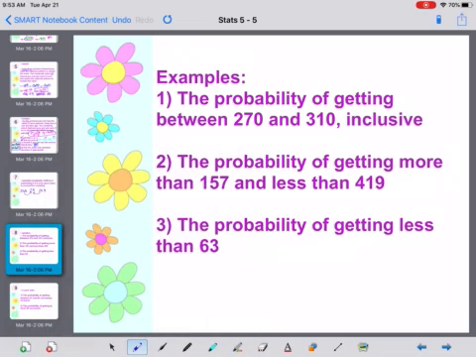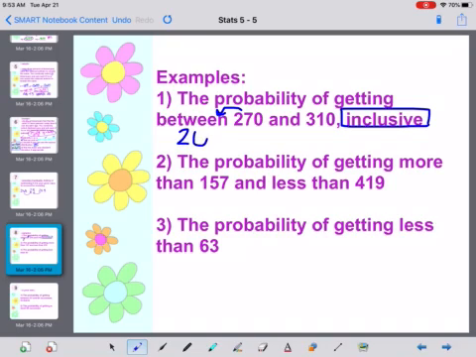So let's look at some of these. This says the probability of getting between 270 and 310 inclusive. That's important. First of all, 270 is my lower limit, so I have to go below, because anything under 270 by 1/2 is going to round up.